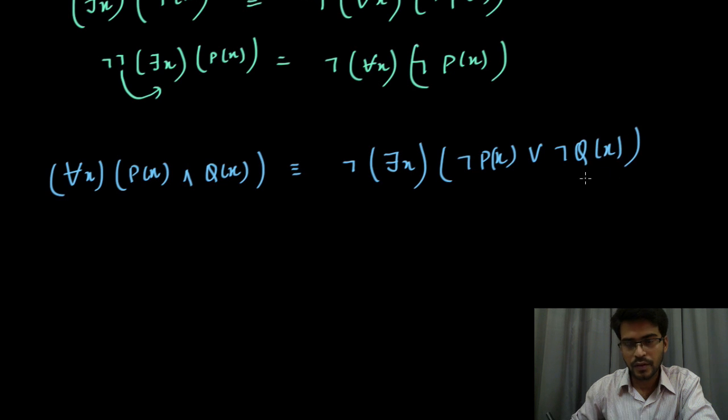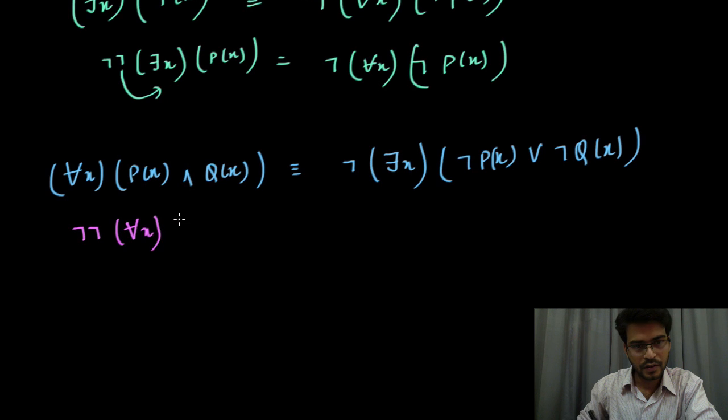Understand this once again. What I'm saying is we have for all x, P(x) and Q(x). I'm taking two negation signs which cancel each other. Then for every x, P(x) and Q(x).